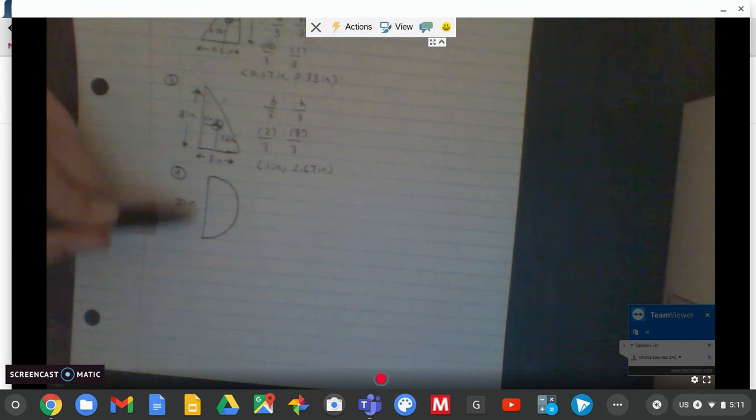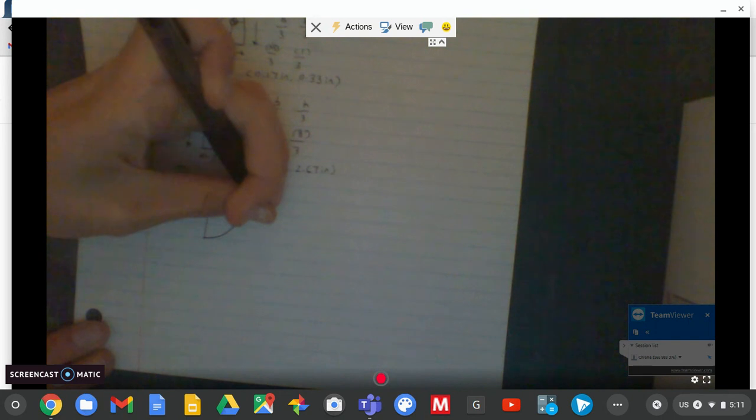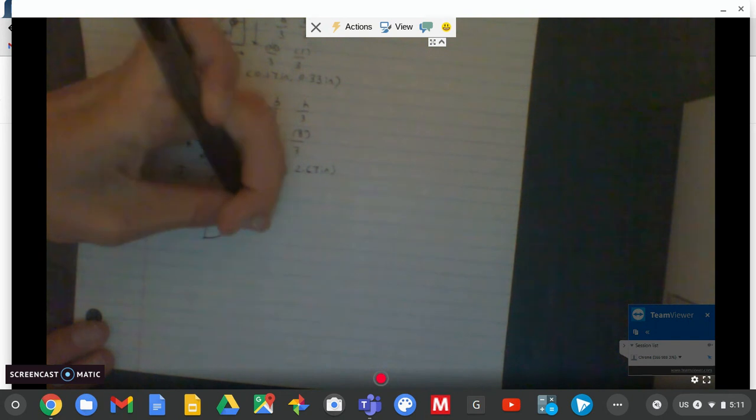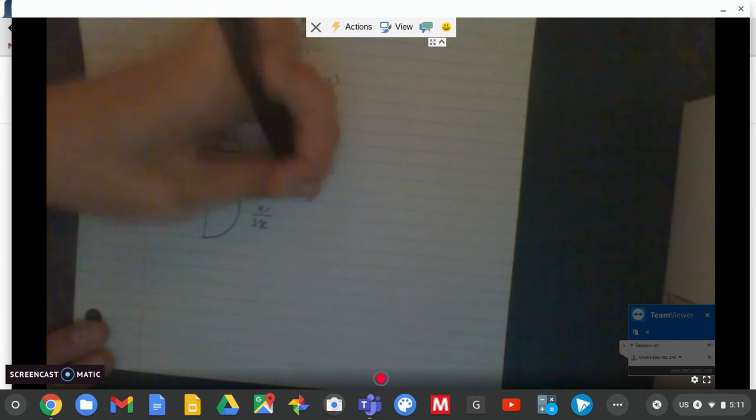Since this is pointed vertically, we need 4r divided by 3 pi to find the x. R means radius. And then to find the y, we need just the radius.